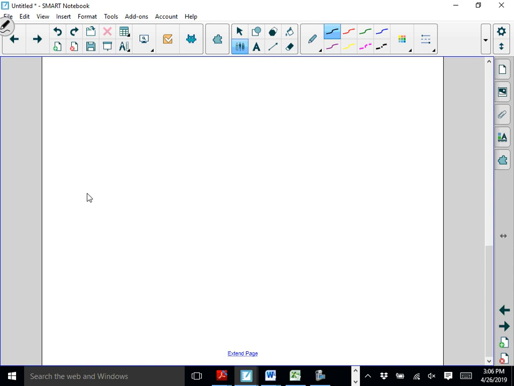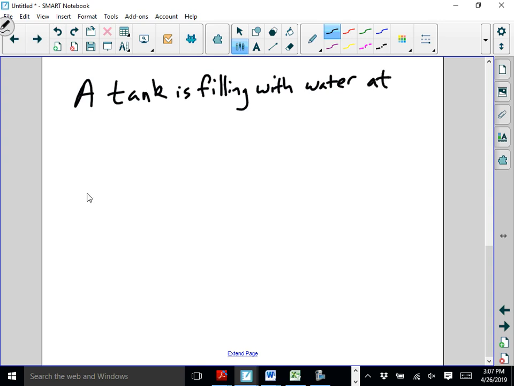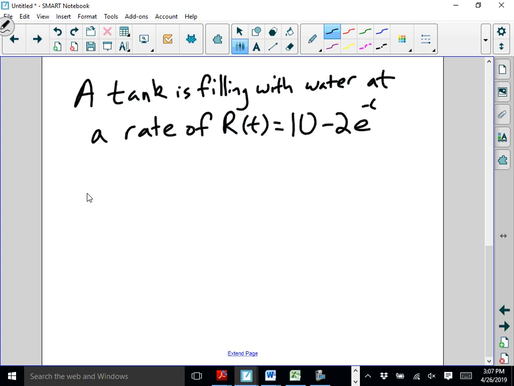A tank is filling with water at a rate of R of t equals, well, I put it on my calculator, 10 minus 2e to the negative cosine of 2t, in liters per minute.